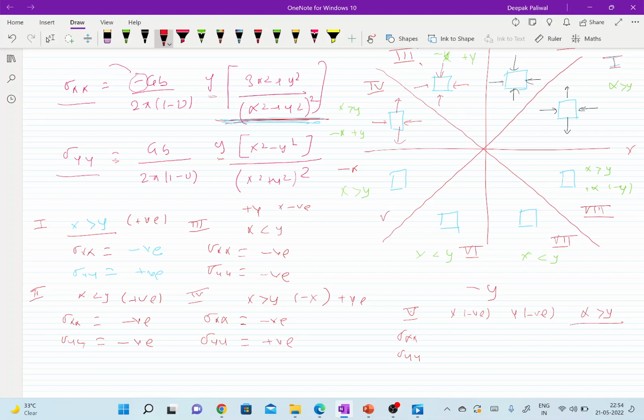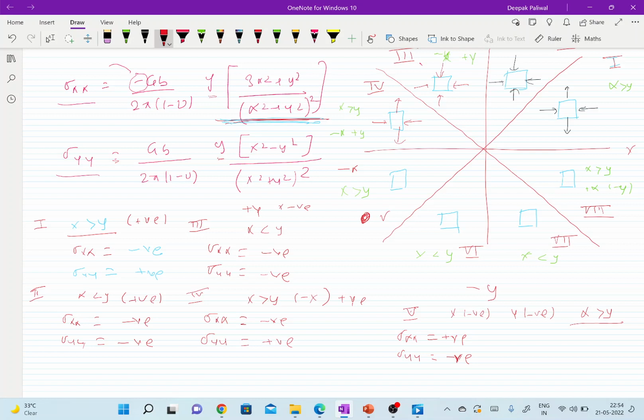In this quadrant, x is negative, y is negative, again these are all square terms, this will be positive, and y is negative here, so negative negative becomes positive, so sigma xx becomes positive. Sigma yy, you can see again square term, and x is greater, so this complete term is positive, and since y is negative, so this is also negative.